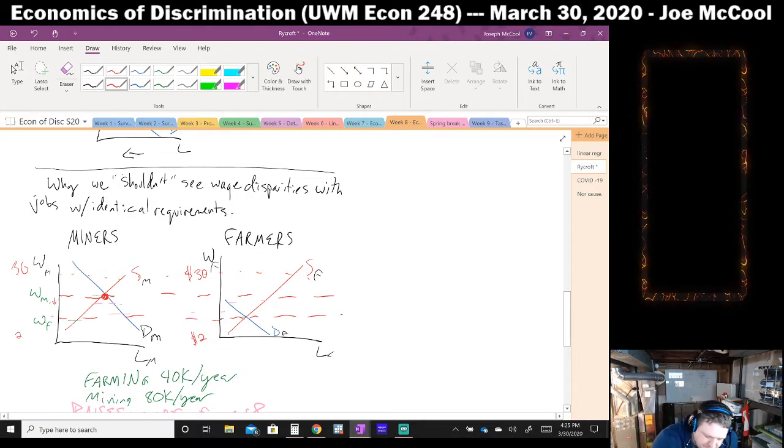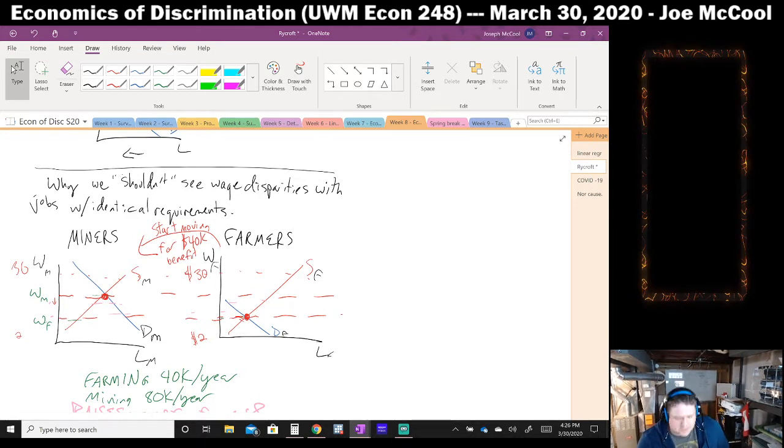So these farmers will move from making $40,000 over here to become miners making $80,000. They start moving for a $40,000 benefit, right? You get this $40,000 a year benefit for switching over to mining. So people will do that.